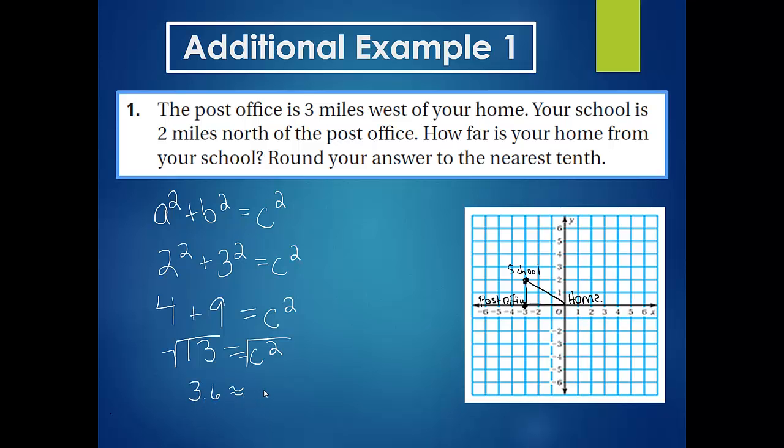So 3 6/10 is approximately c, or c is about 3 6/10. So c would be about 3 6/10 miles. So the distance from our school to our home is about 3 6/10 miles.